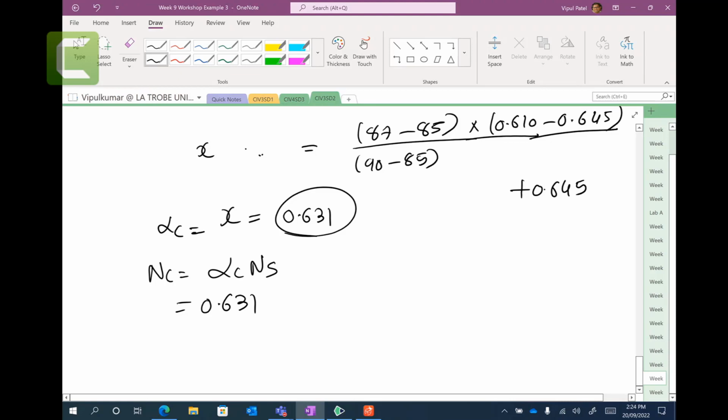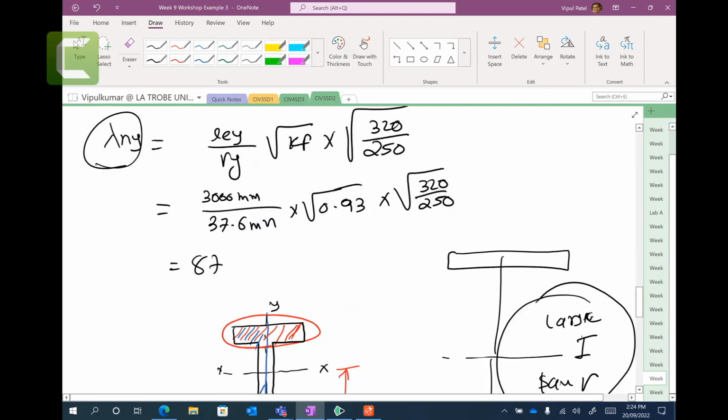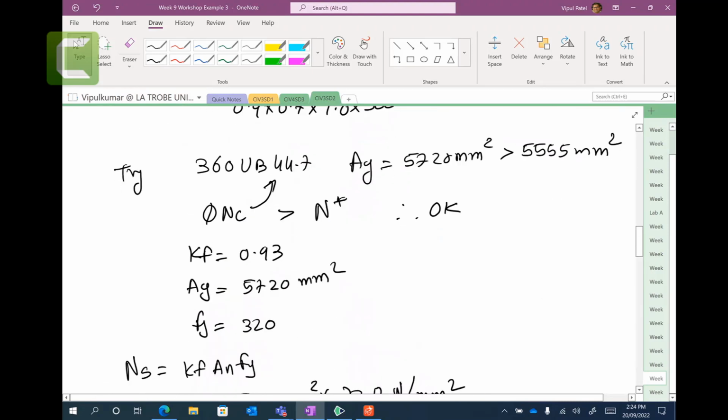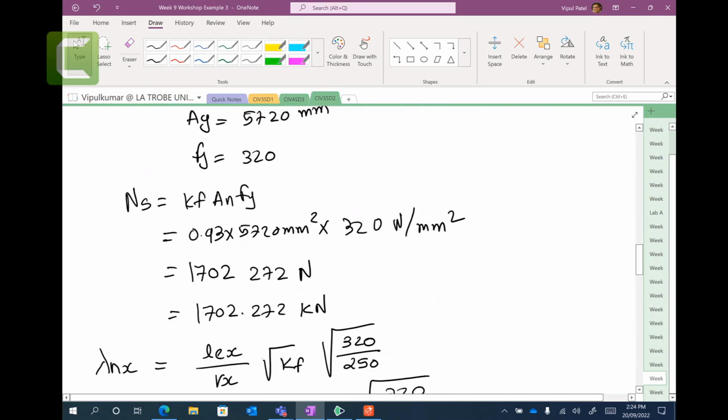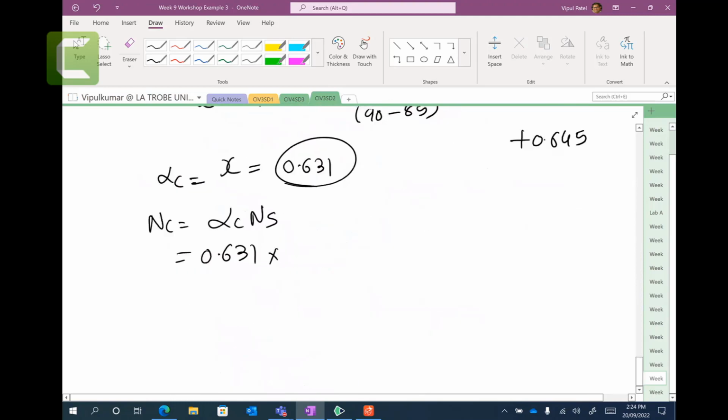That happens. We can't go spot on. But let's see. Ns we calculated as 1702.72 kilonewtons.